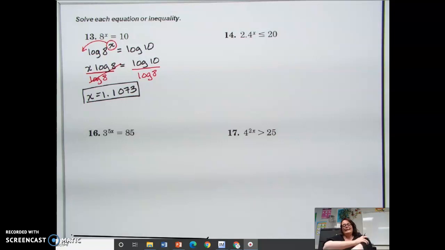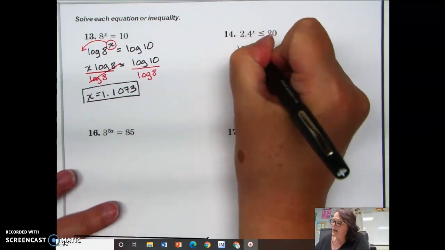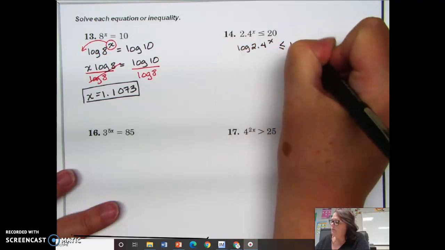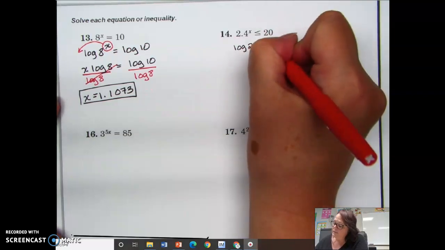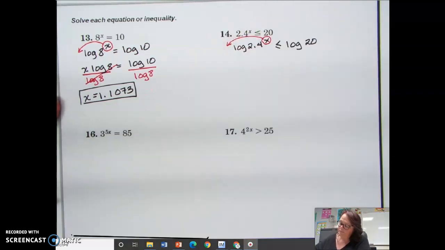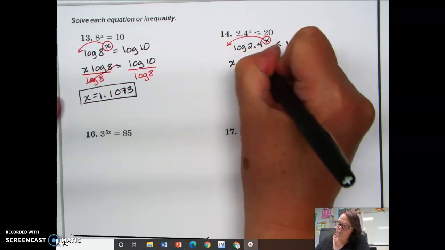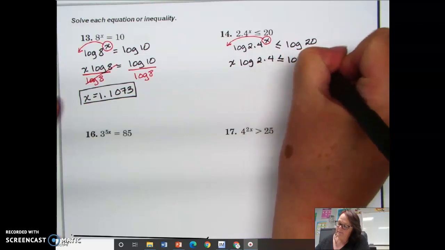With the inequality, it still holds true. I can still take the log of both sides, and it's still going to be less than or equal to. We just need to be careful that when we divide, are we dividing by a negative number? Okay, so my power rule says I can bring the x down. And so I have x times the log of 2.4 is less than or equal to the log of 20.